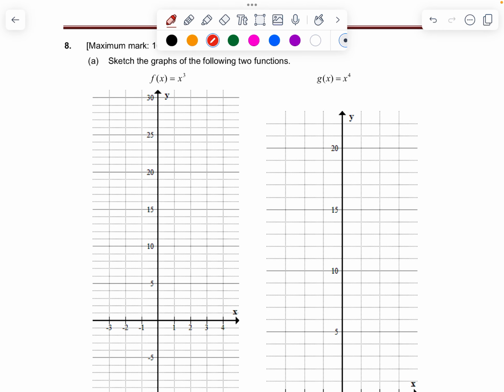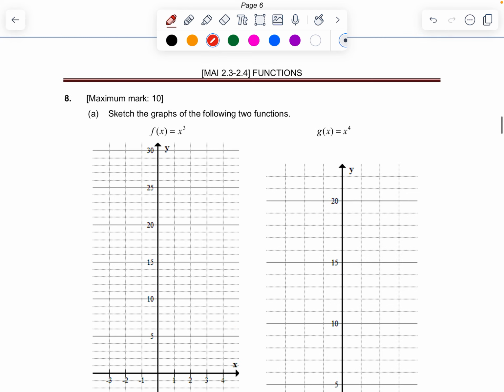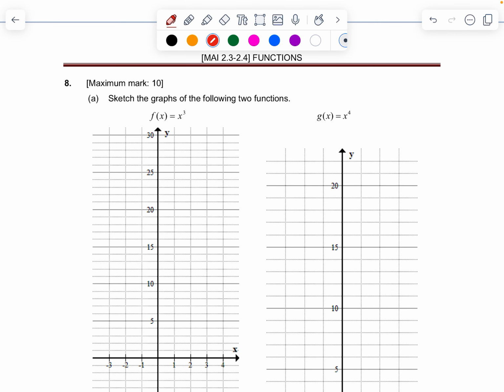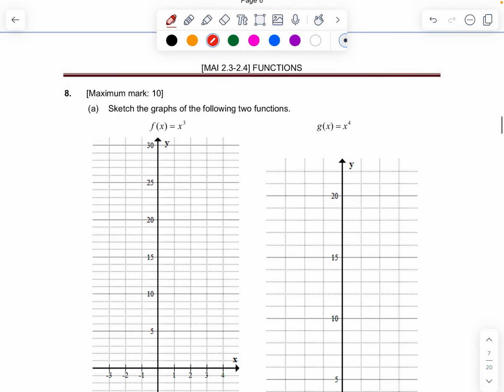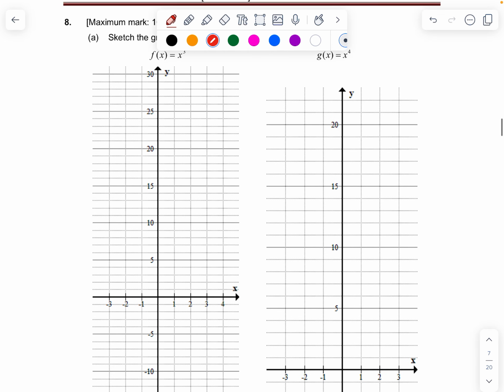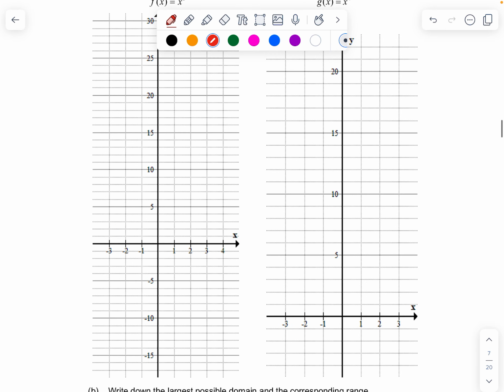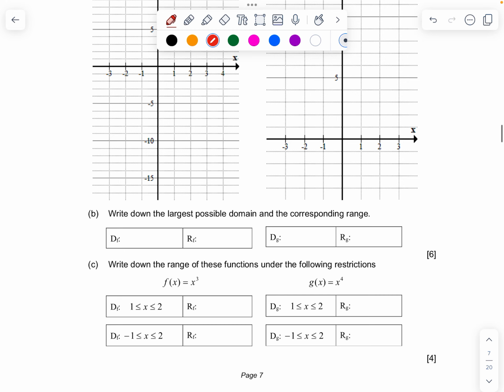Question number 8. Sketch the graphs of the following functions: x cube and x power 4. Then you can write out from there the domain and the range of x cube, as the possible domain and range are being asked.